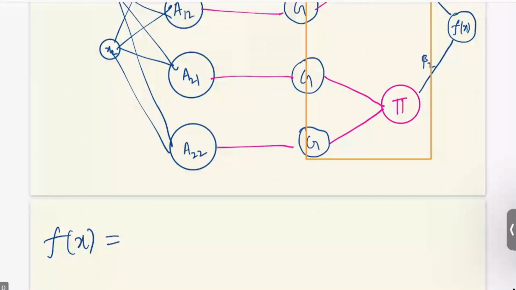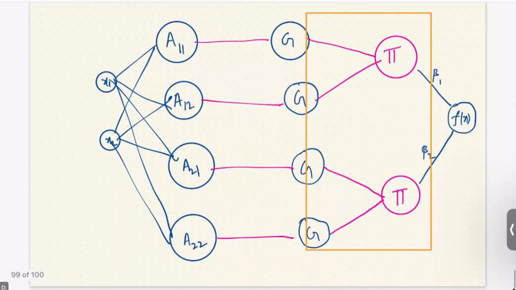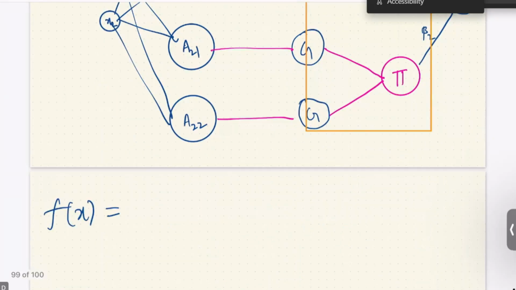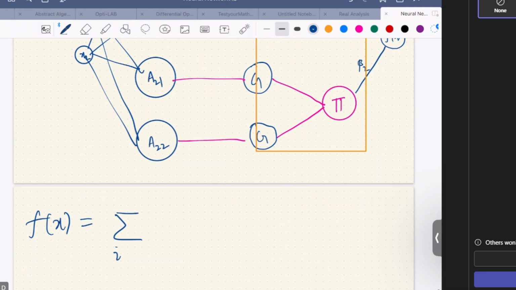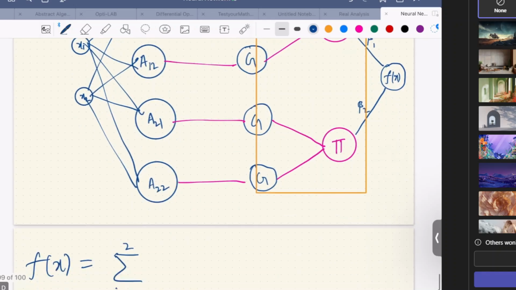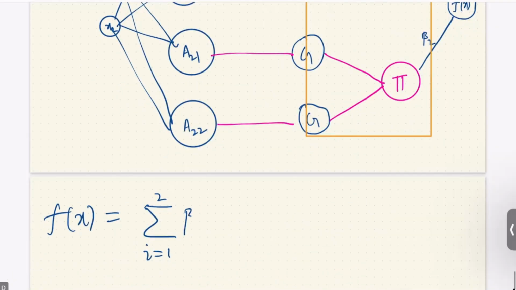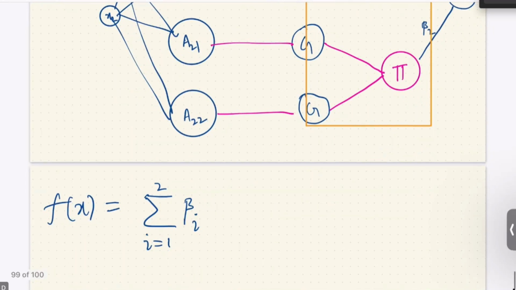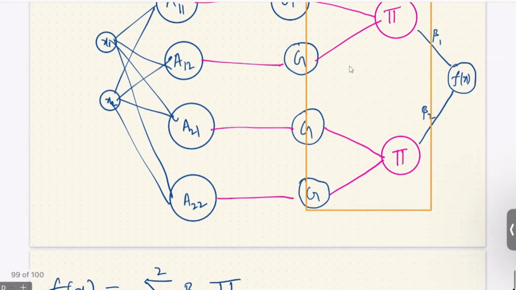So this f of x, we write sigma i equal to 1 to 2, beta i, times pi, j equal to 1 to 2.